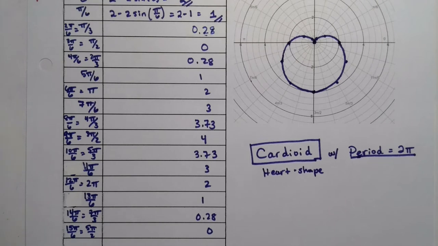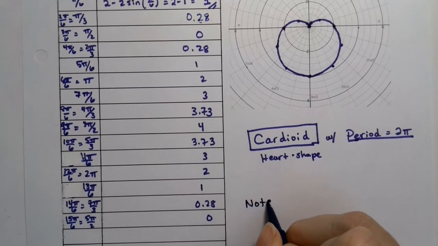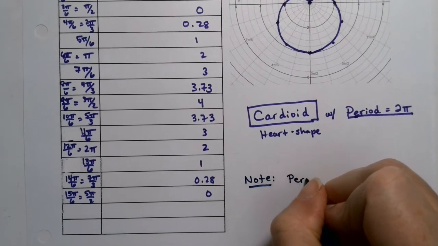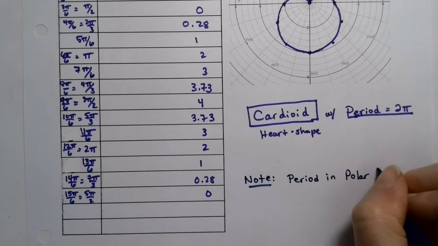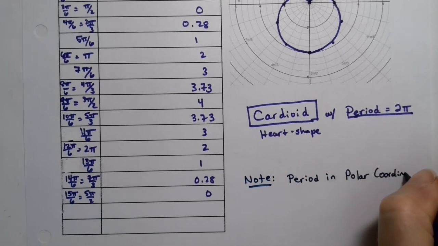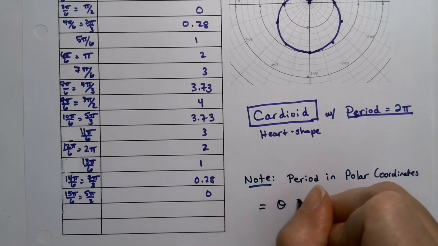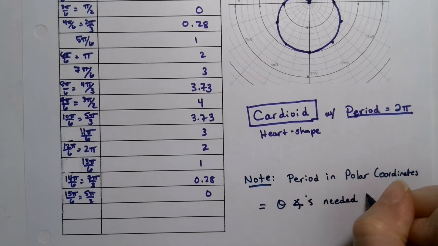Period doesn't quite mean in polar coordinates what it meant in other systems. So I'll make a little note down here. We'll talk more about period in a couple pages, but the period in polar coordinates is the theta angles needed to make one full circuit, if possible.